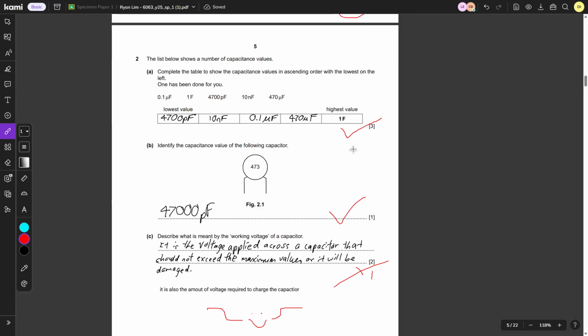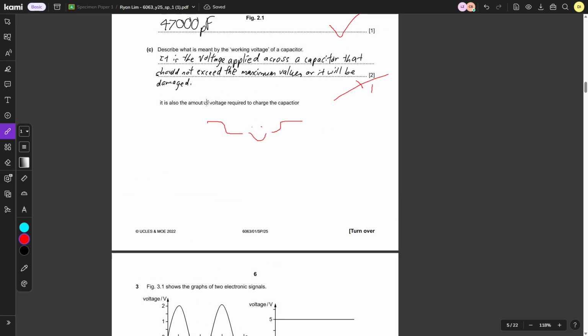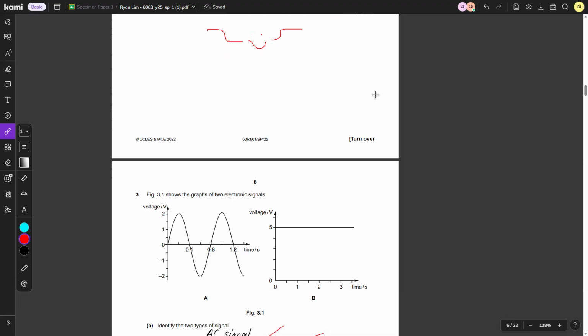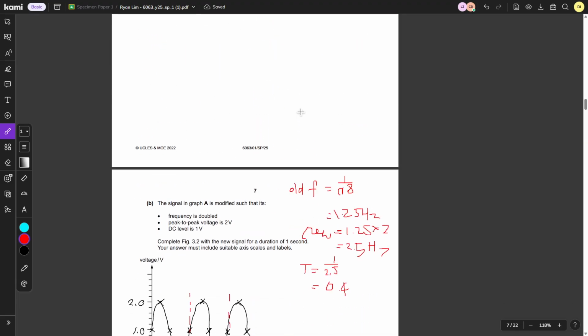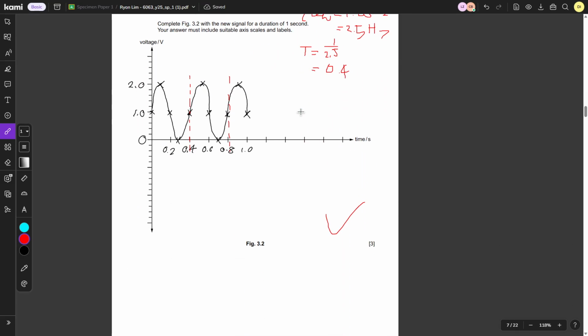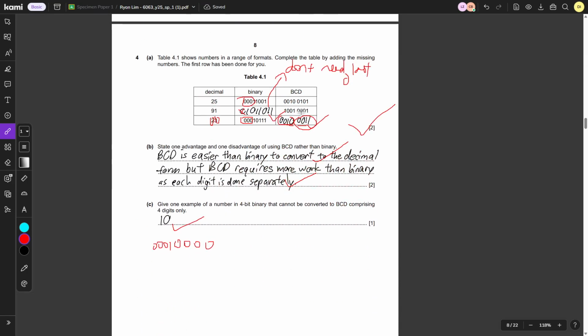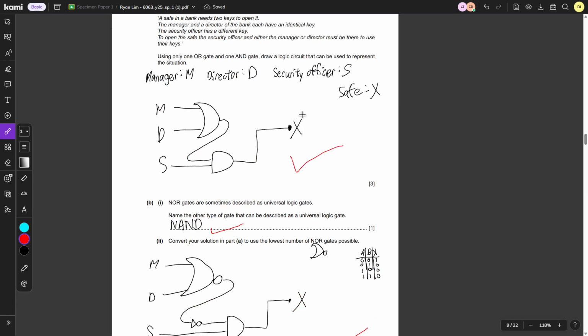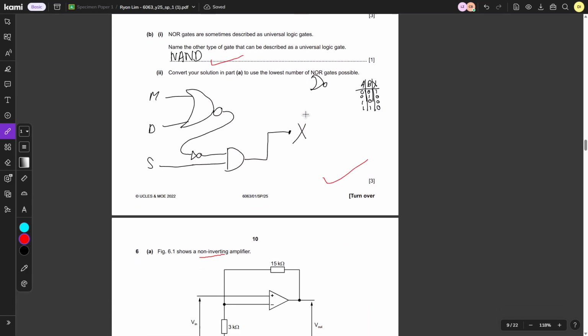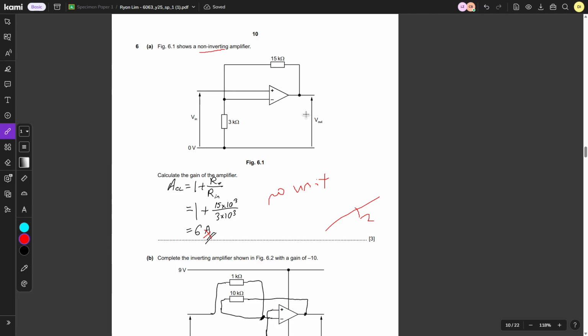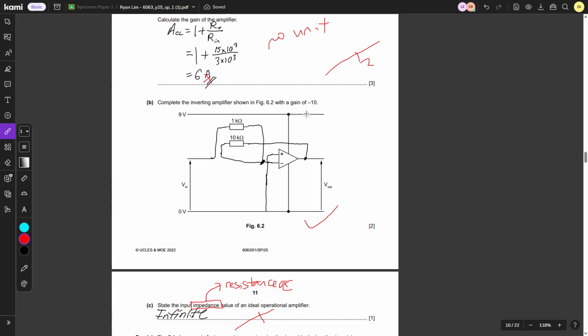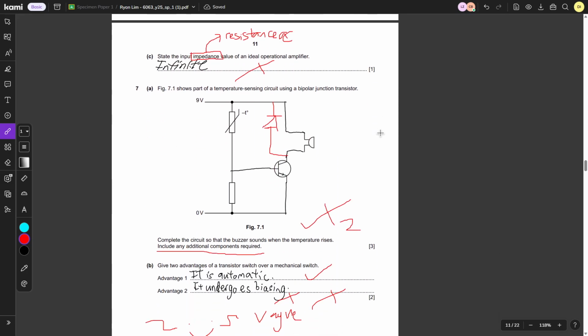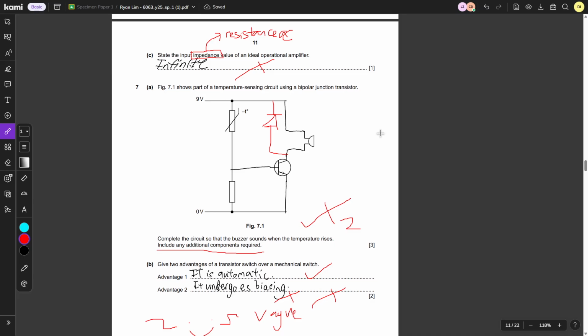Plus 3 plus 1 plus 1 plus 2 plus 3 plus 2 plus 2 plus 1 plus 3 plus 1 plus 3 plus 3 plus 2 plus 2 plus 2 plus 1.